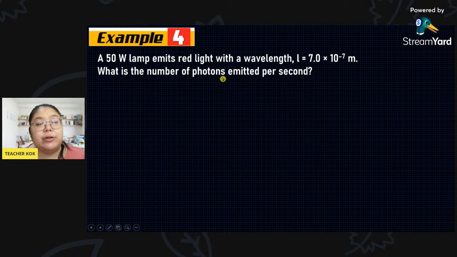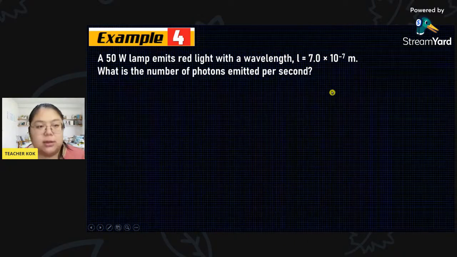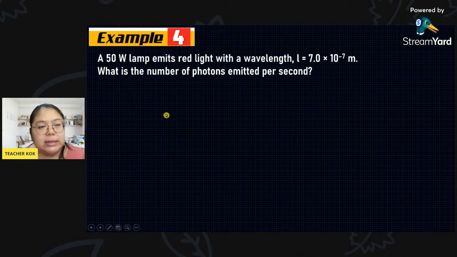The light is a red color, and the wavelength is 7 times 10 to the power of negative 7 meter. They ask what is the number of photons emitted per second. So actually they want to find n, the number per second.